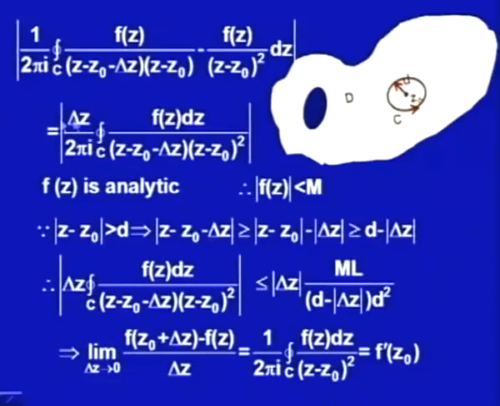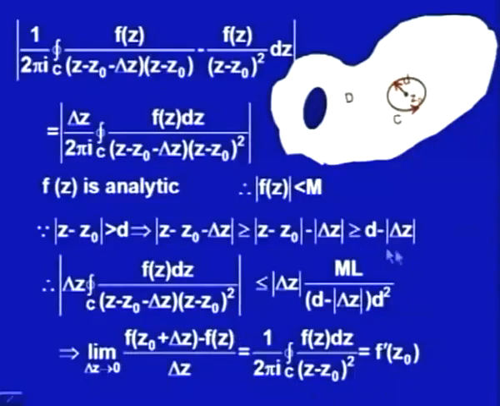So, in similar lines, if I again take f dash z naught minus f dash z naught plus delta z using this formula, and then use factorial 3 upon 2 pi i and so on, you would get that this limit is going to 0, and the formula would be satisfied.